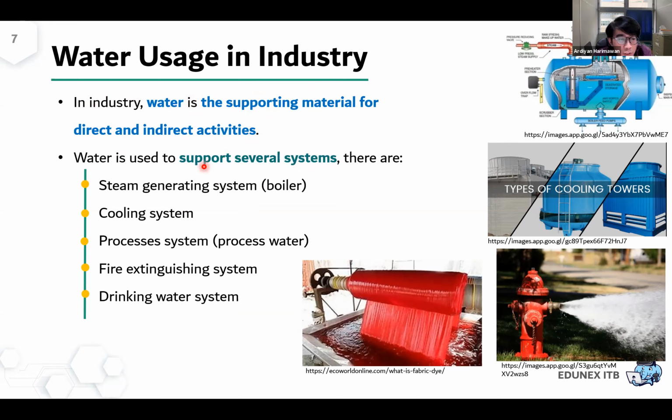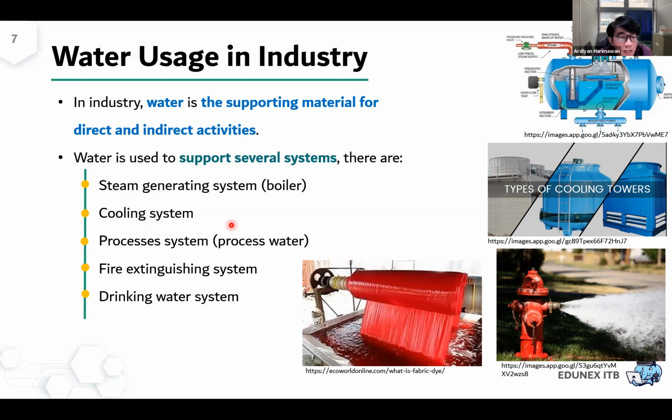For example, to generate steam, we use a boiler to heat up the water so it can create steam, and then the steam can be used for other purposes. For cooling, normally we can use a heat exchanger, and we can use a cooling tower in the cooling system, and it also uses water.